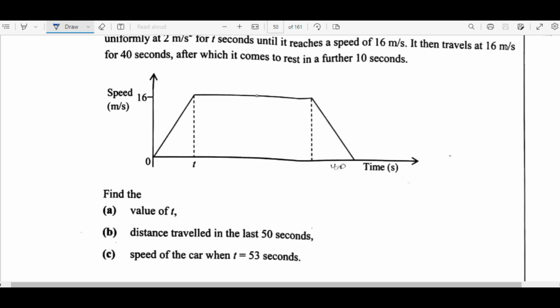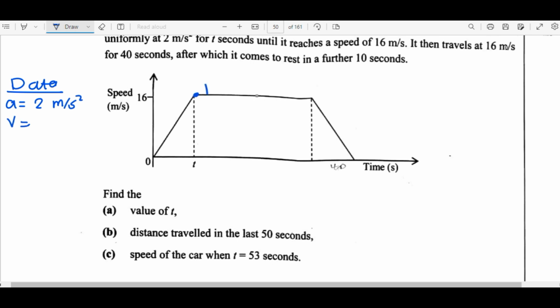So the first question is find the value of t. Now let's look at the data. So from the first point, acceleration is given as 2 meters per second squared. Then final velocity is given.